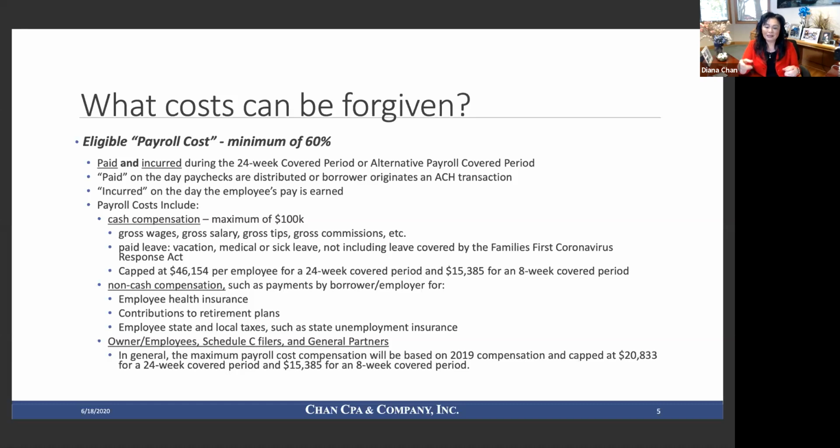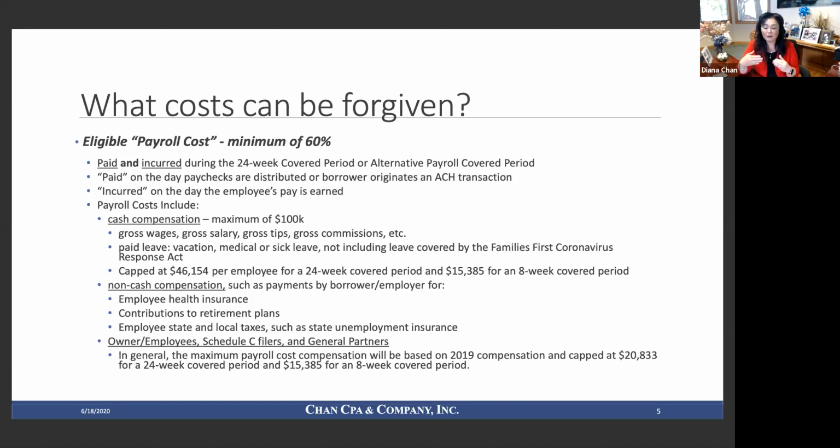That is that your maximum amount that you could receive per week was $1,953 up to 8 weeks previously. And it's also based upon 2019 compensation. Now it has increased because of this new June 5th timeframe to a cap of $20,833.